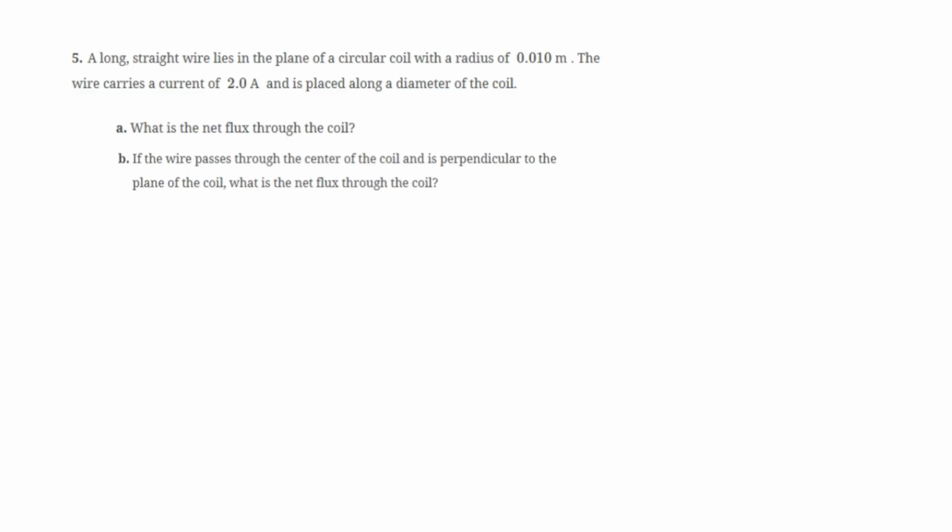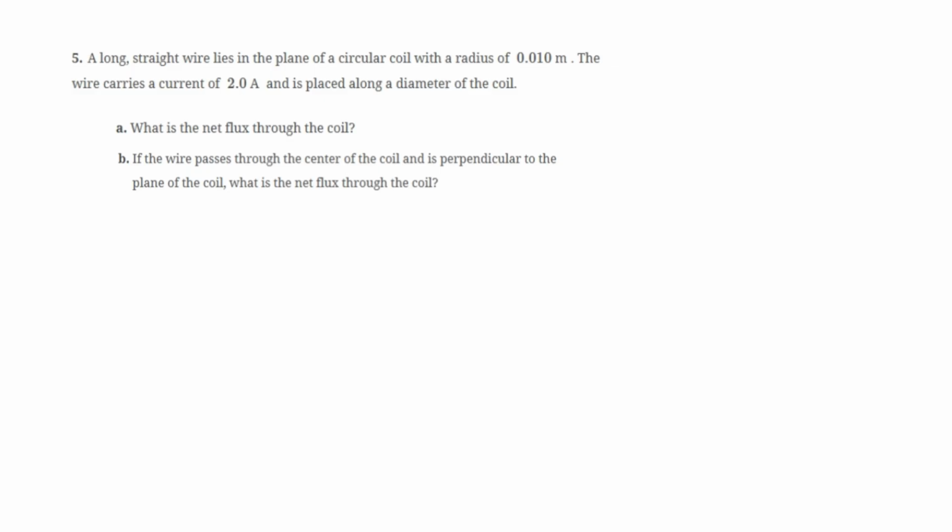So what is the net flux through the coil? B, if the wire passes through the center of the coil and is perpendicular to the plane of the coil, what is the net flux through the coil? So again, we're going to find the magnetic flux through the coil.